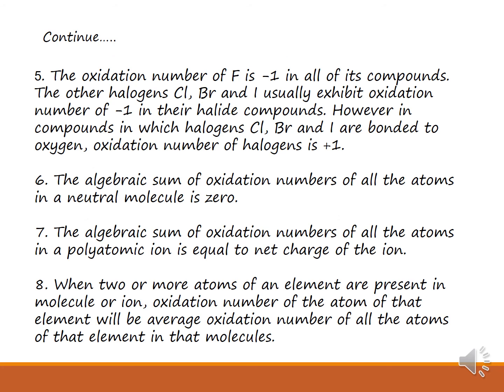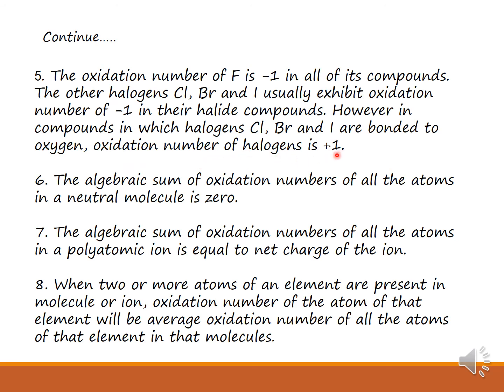Now the next rule, the oxidation number of fluorine is -1 in all its compounds. It remains -1 if you are seeing fluorine present in any compound. And the halogens like Cl, Br and I usually exhibit oxidation number -1 in their halides, and generally halogens like Cl, Br and I, if they are bonded to oxygen, show oxidation number +1.